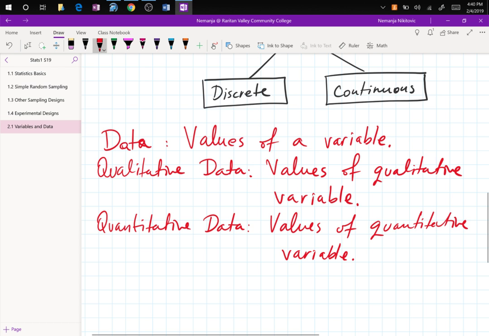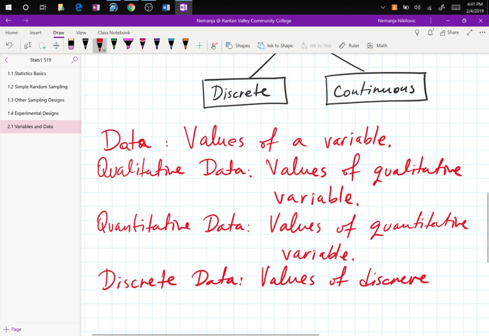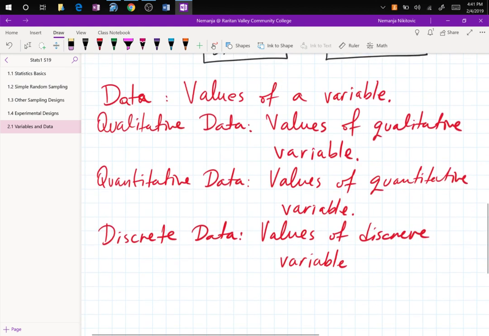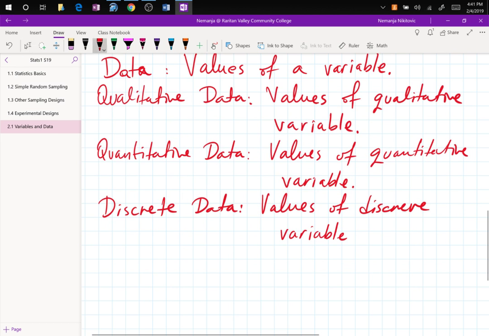Discrete data: values of a discrete variable. And finally, continuous data: values of a continuous variable.